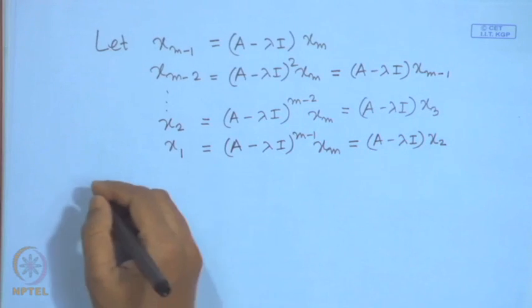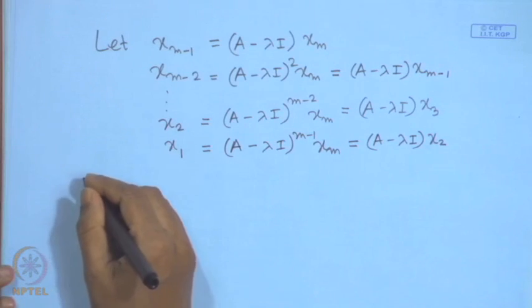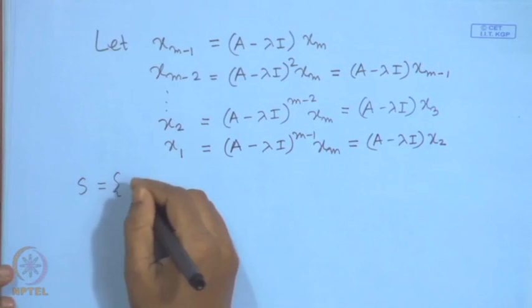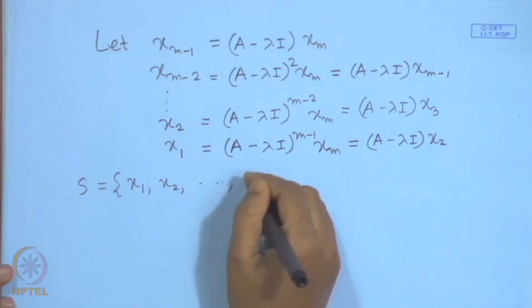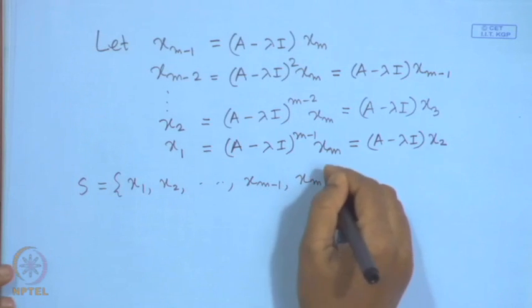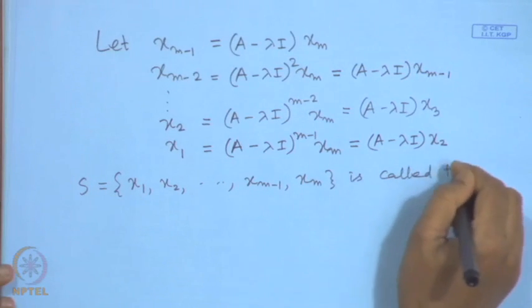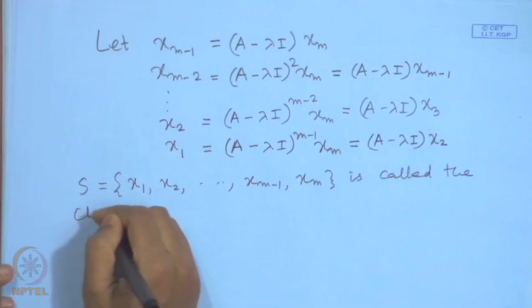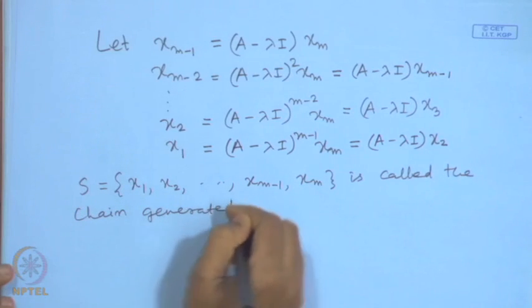So this set S consisting of vectors x 1, x 2 up to x m minus 1, x m is called the chain generated by x m.